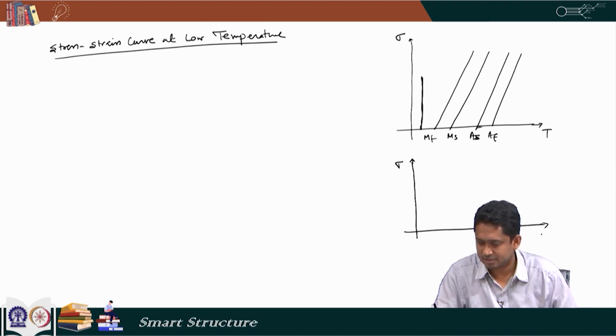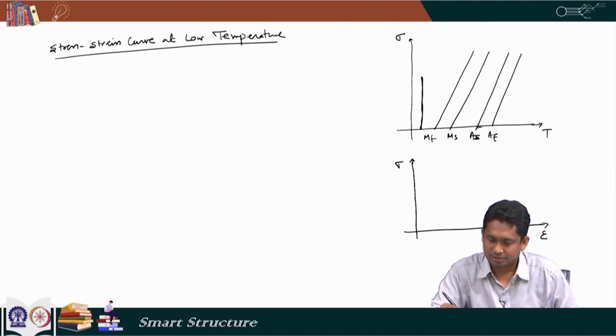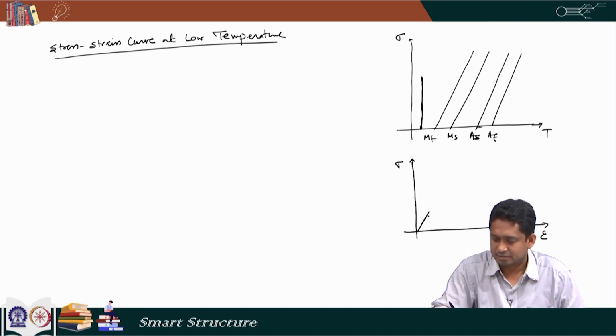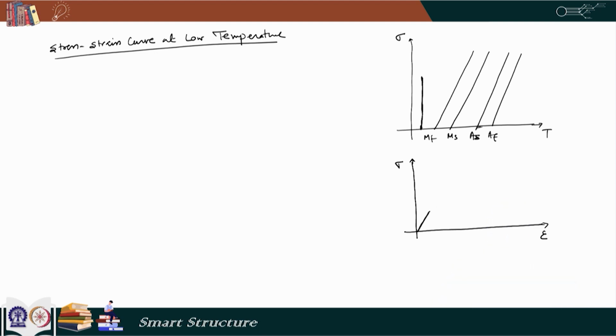So, this is stress and this is strain. As we keep loading the material, the stress strain diagram initially looks like this. Initially it is linear elastic, because if you unload it, it comes back to where it started.